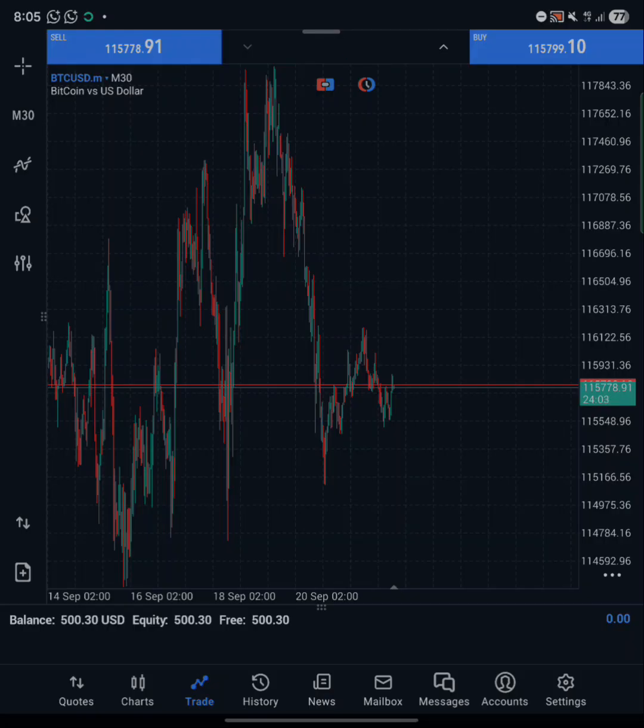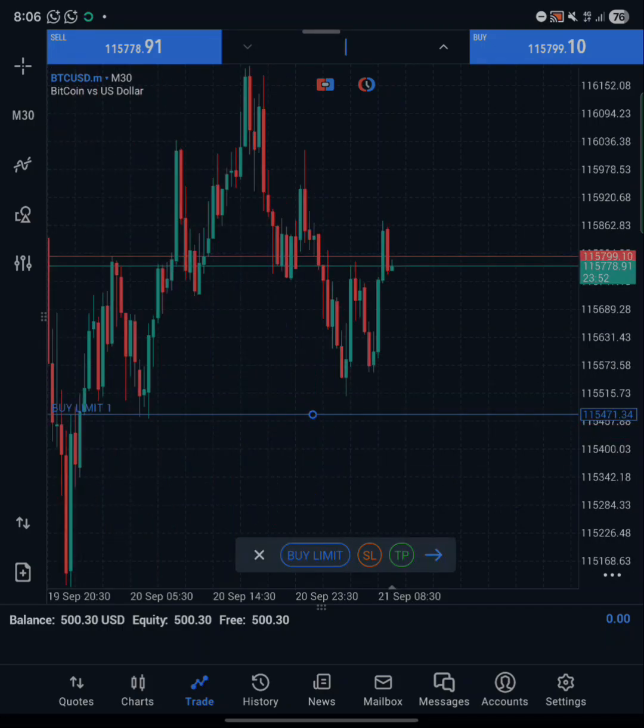So when they say pip, the pip is just the amount of movement the market makes. Let's say you're in the market from here. Let me zoom in properly.